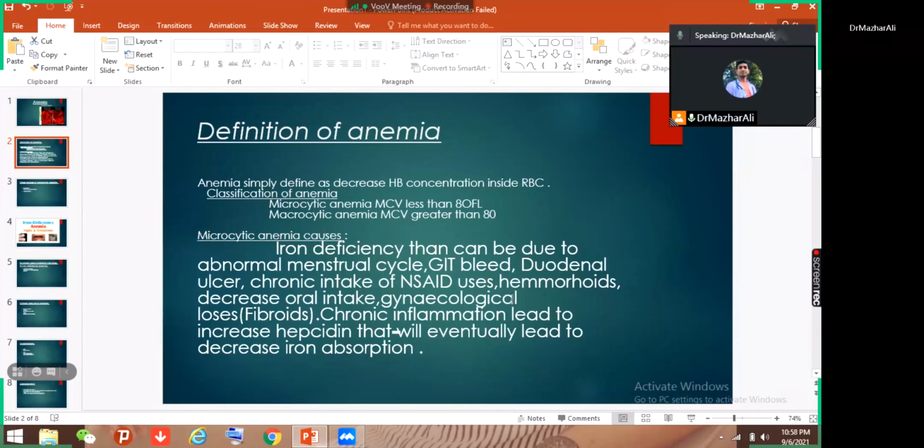Chronic inflammation leads to increased hepcidin. That hepcidin will eventually lead to decreased iron absorption from the enterocyte into the blood. So these are the causes of iron deficiency anemia inside microcytic anemia.